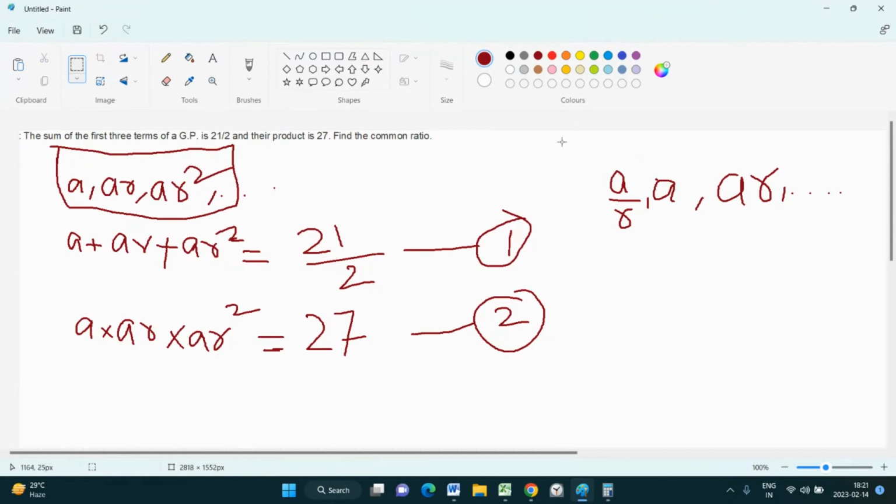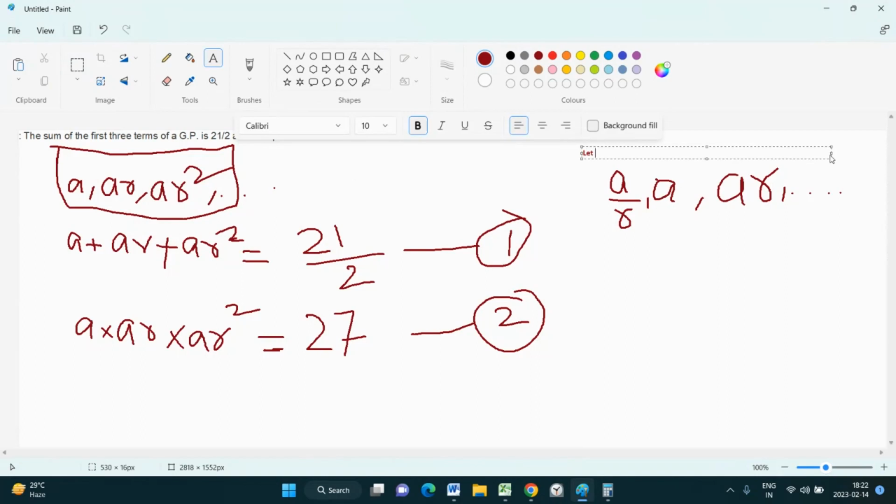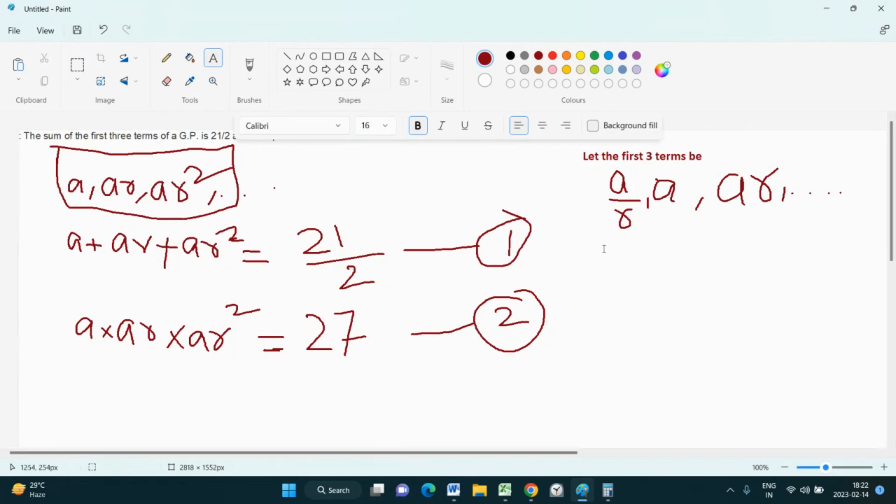Let the first three terms, you will write it as, let the first three terms be A by R, A and AR.